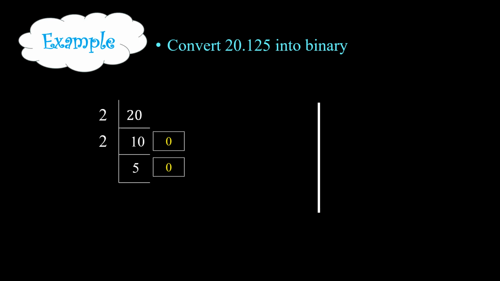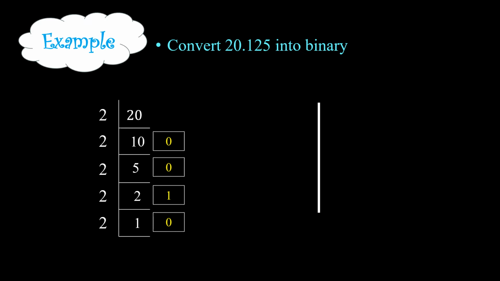For the integer part, you have to follow the same steps that we followed previously. For 20, you divide by 2 and you get 10 and the remainder is 0. Then you divide by 2 again and you get 5 and the remainder is 0. Then you divide 5 by 2, you get 2 and the remainder is 1. When you divide 2 by 2, you get 1 and the remainder is 0.